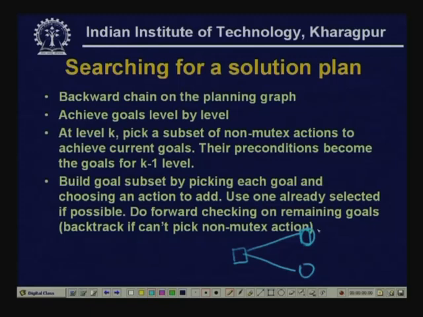If we had a goal G1 for which we chose action A1, and G3 is also achieved by A1, then we can achieve G3 by A1, and then we continue on the remaining goals until we find a solution. If we do not find a solution, we backtrack and check the alternate ways of achieving the unachieved goals.